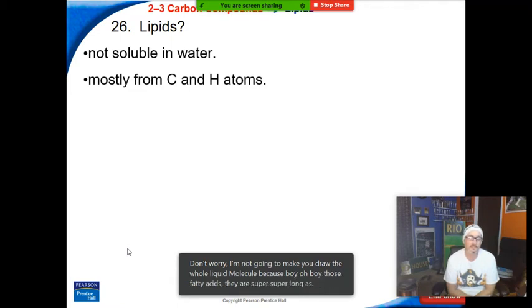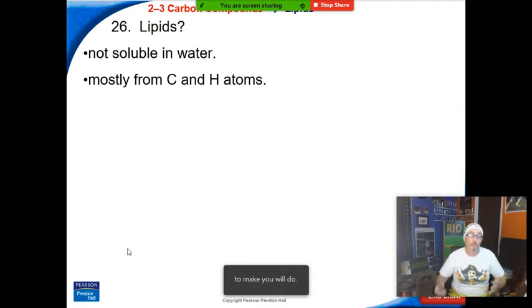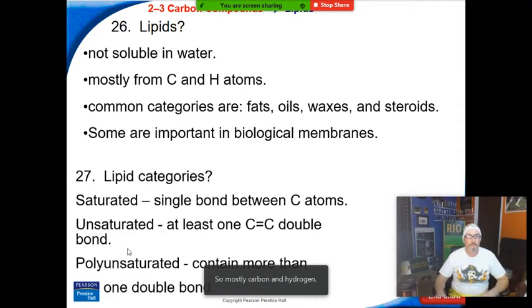It's just a whole ton of carbons and a whole ton of hydrogens and a couple oxygens mixed in there. I am, though, going to make you draw the other ones. So mostly carbon and hydrogen. Common categories are fats, oils, waxes, and steroids, Barry Bonds.